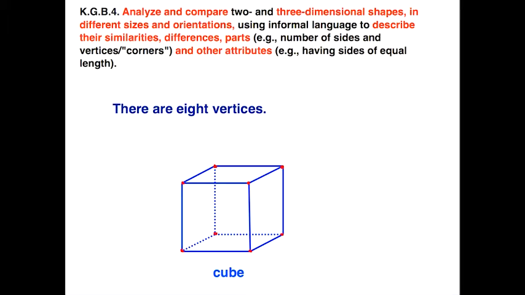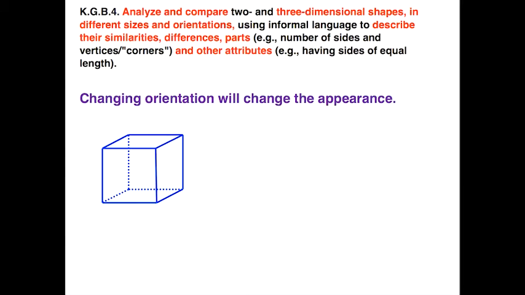Students should also notice that there are 8 vertices. When you change the orientation of a cube, you will change the appearance. So if we take this cube and we move it around, it changes what it looks like.